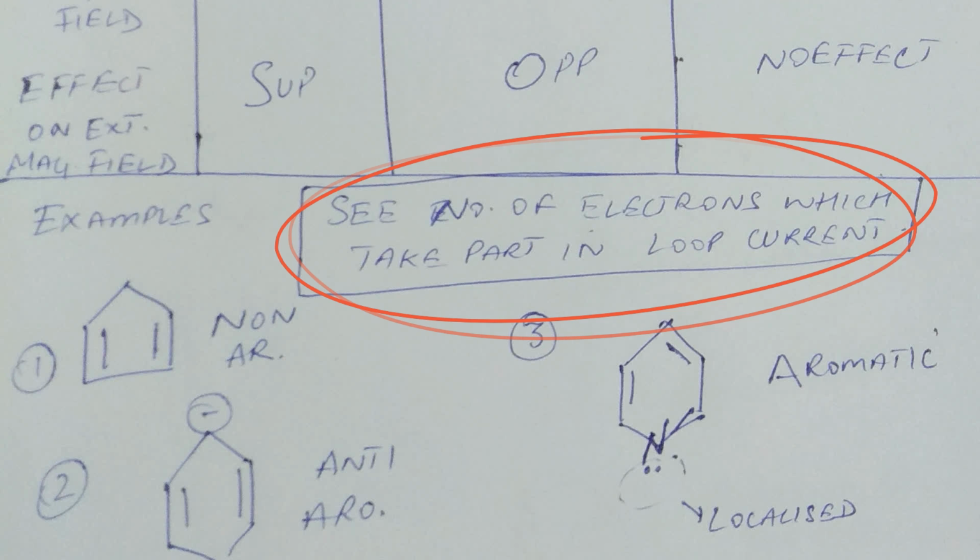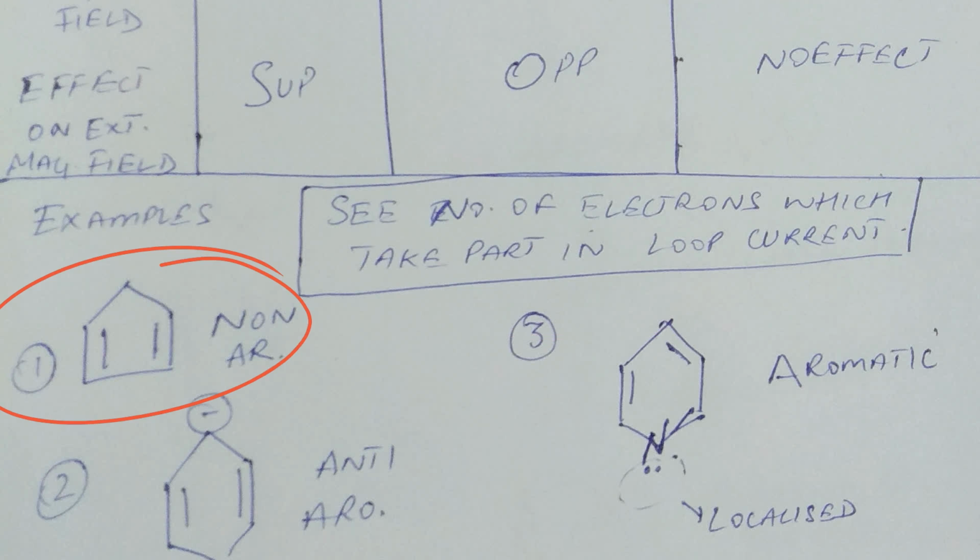Resonance may be there in many parts of the molecule, but wherever the loop current is forming, that part will show aromaticity, and then we have to check whether it is aromatic or anti-aromatic. Now the first one: we can see that resonance is there, but no loop current, so it will be non-aromatic.